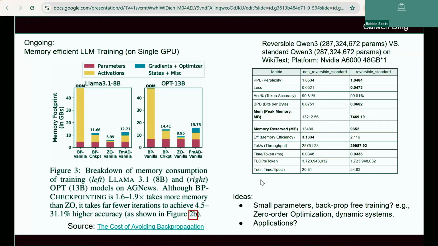The other thing we're currently very interested in is dynamic systems. With a dynamic system, we want to use very few parameters, 100 times fewer than regular neural networks, but achieve similar performance. One typical example is the Ising machine, a typical dynamic system.